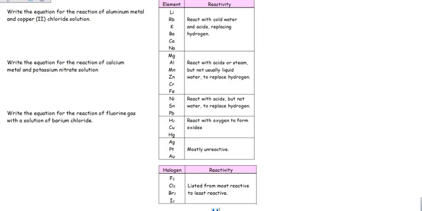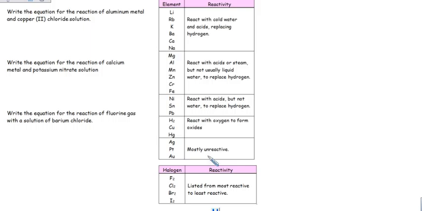Now some of this makes sense. The first category has a lot of alkali and alkaline earth metals. Well, those should be some of the most reactive elements. Then down toward the bottom, I have silver, platinum, and gold, which are virtually non-reactive. I wouldn't want jewelry made out of a highly reactive substance.